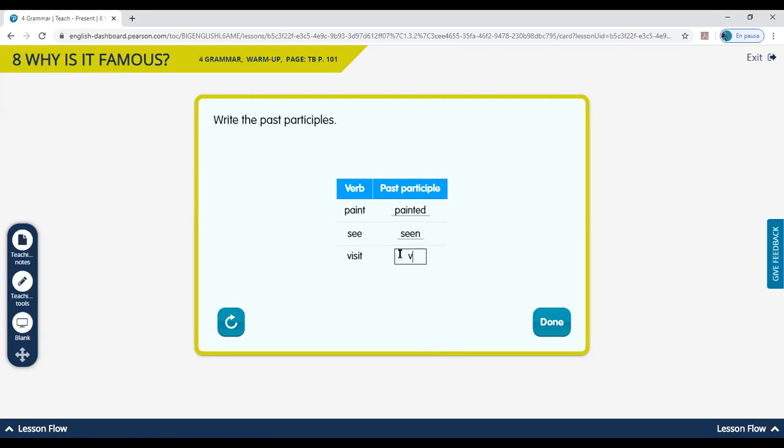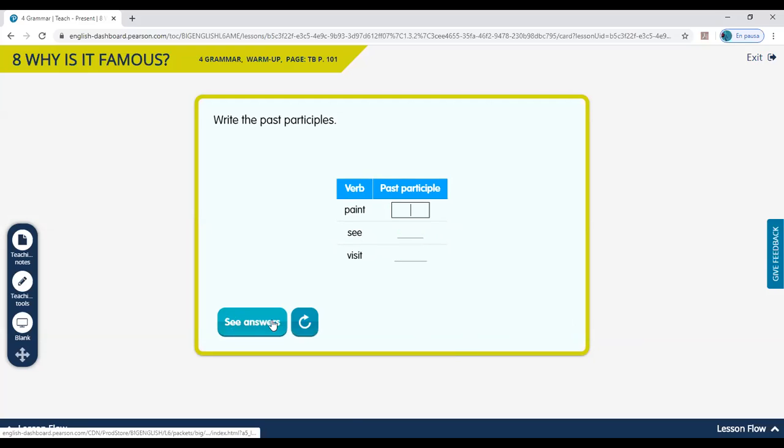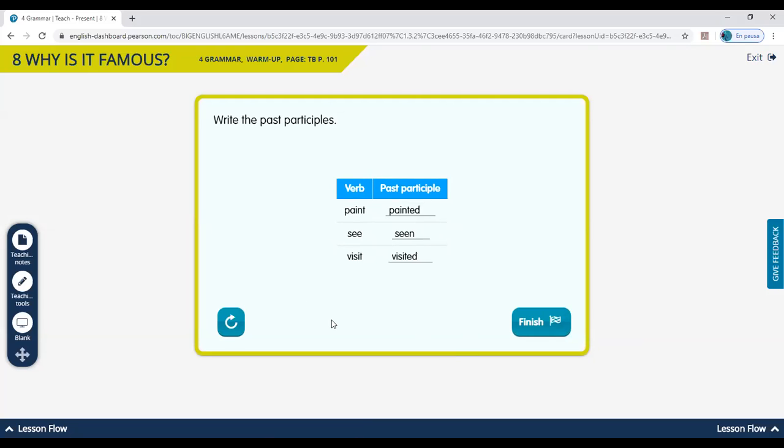Irregular, regular. Great. So, painted, seen, visit. Okay? And we finish. Okay, guys? Is it clear?